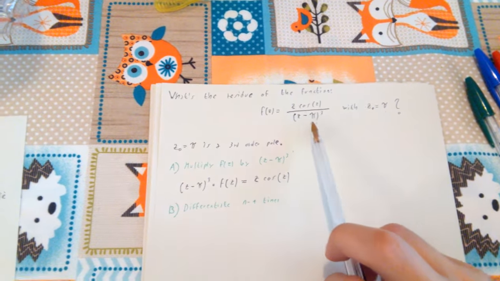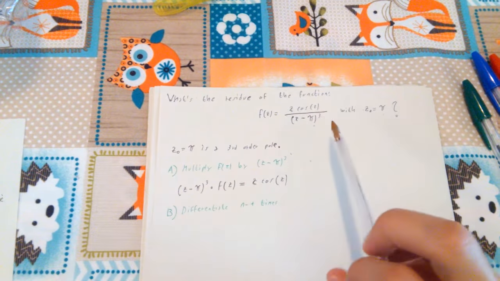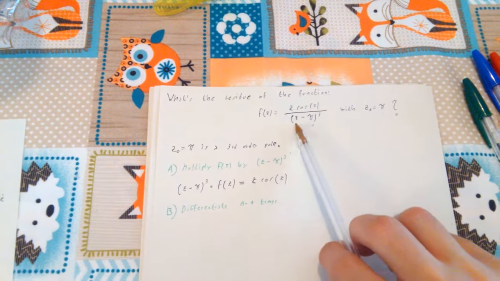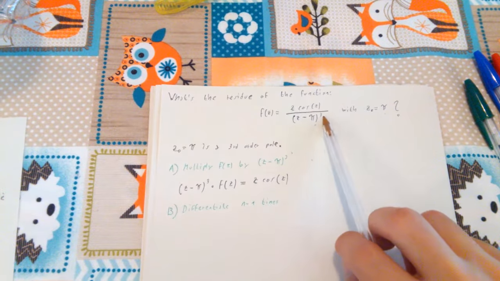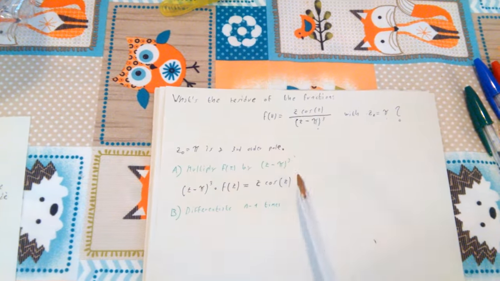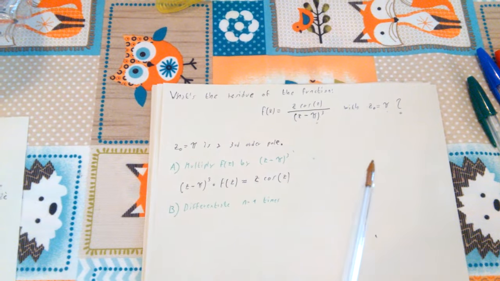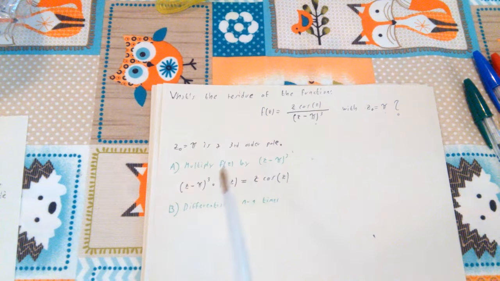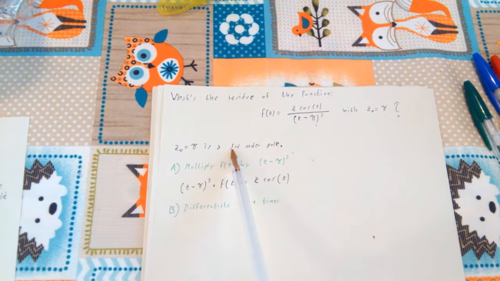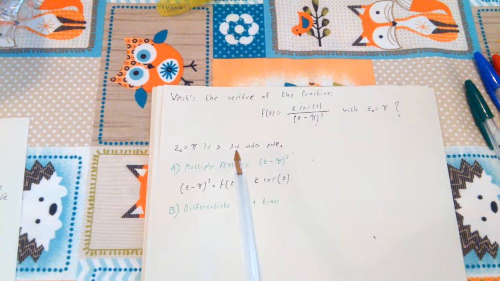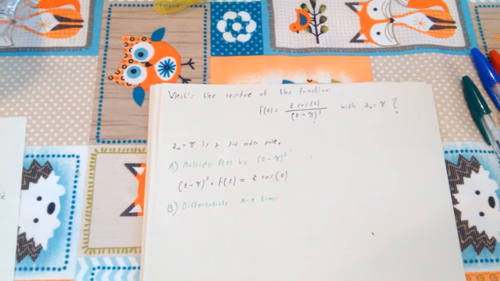And since the denominator is z minus pi cubed, this is a third order pole. So to differentiate n minus 1 times basically means that we gotta differentiate n, so 3, minus 1, 2 times.